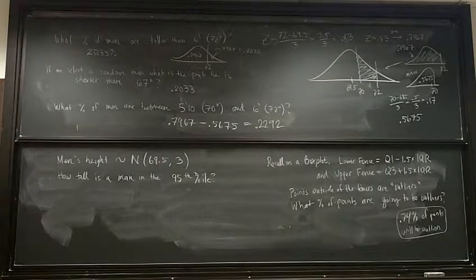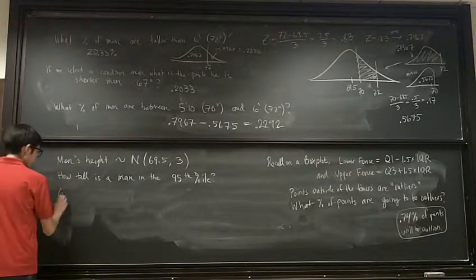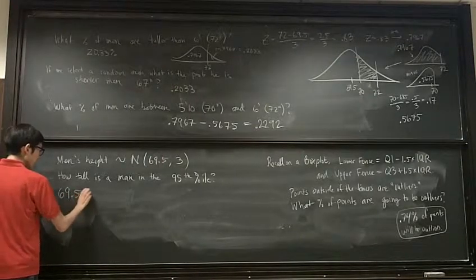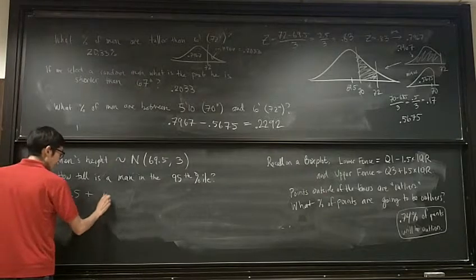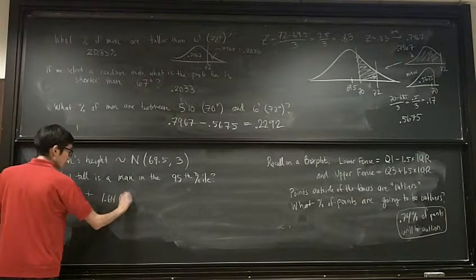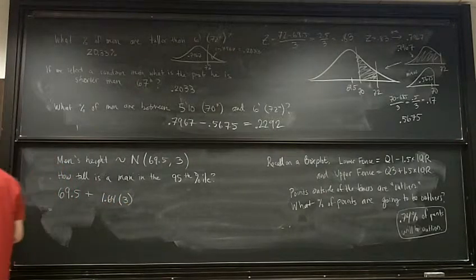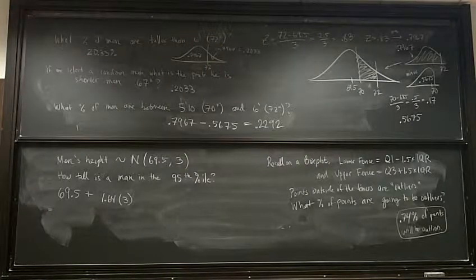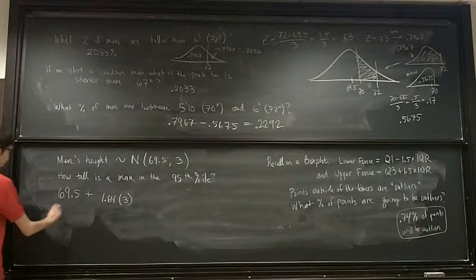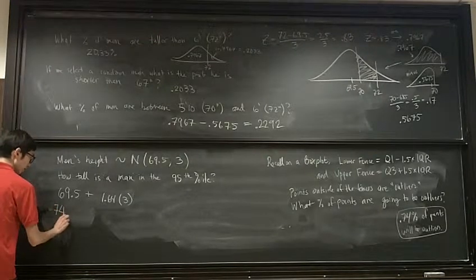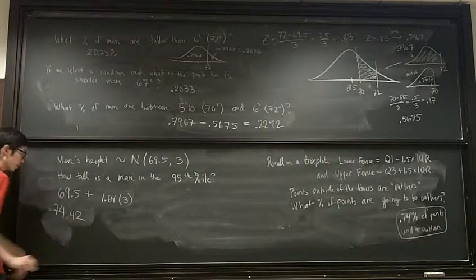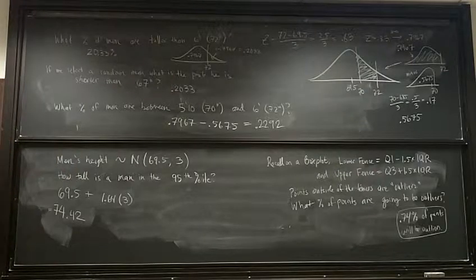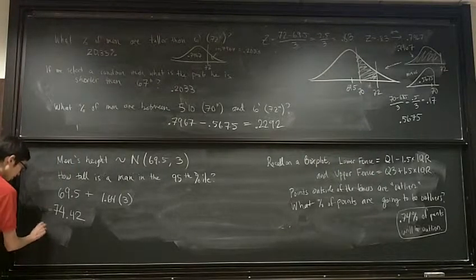Alright, so that's going to be 69.5 plus 1.64 times 3, so I get... if you did 1.65, then 74.57, right?